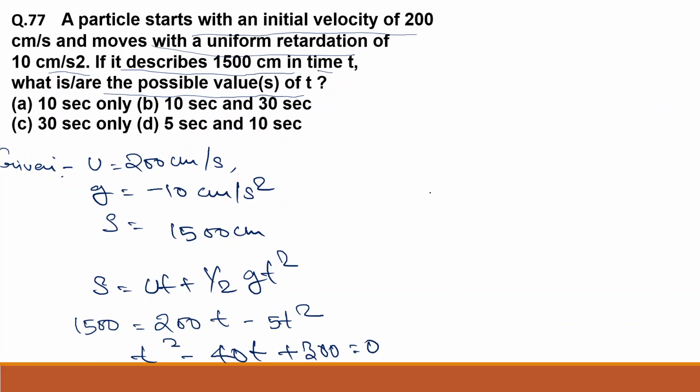By solving this expression, we get the value of t1 is equal to 10 seconds and t2 is equal to 30 seconds. And option number B will be our right answer.